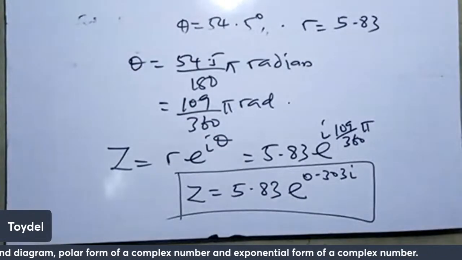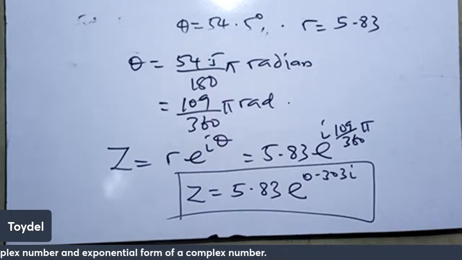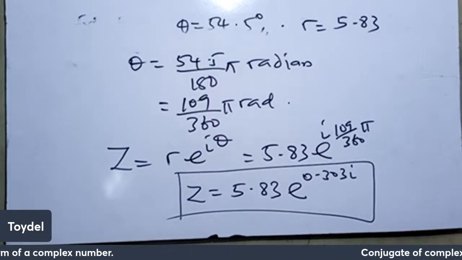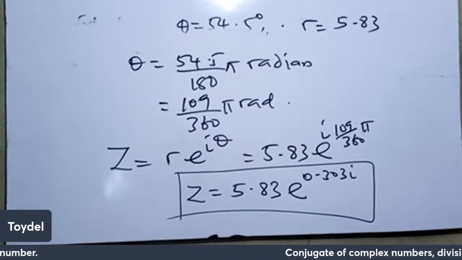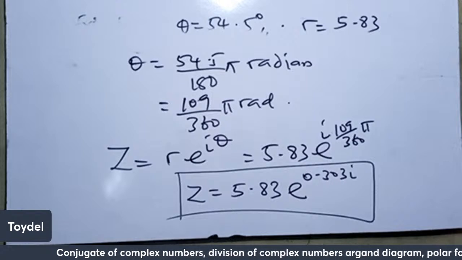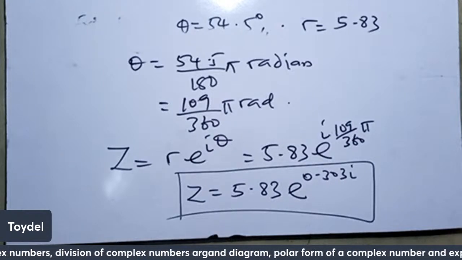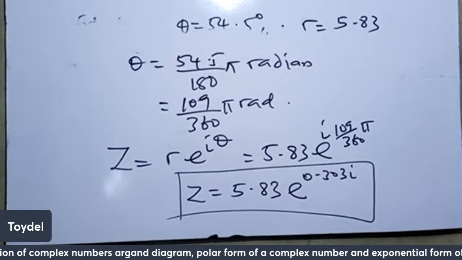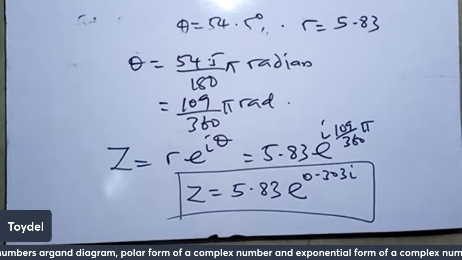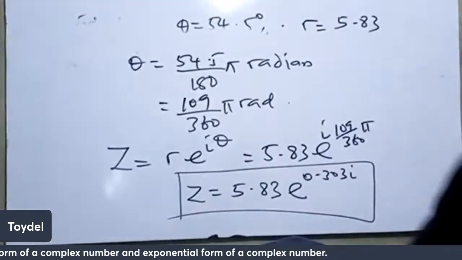So we should note that a complex number, most of the time, will be given in standard form. We can convert from standard form to polar form. In the case of polar form now, the modulus is still the same, but the argument, which is the theta, is in degrees. But if we are asked to convert it to exponential form, then we convert that argument from degree to radian.